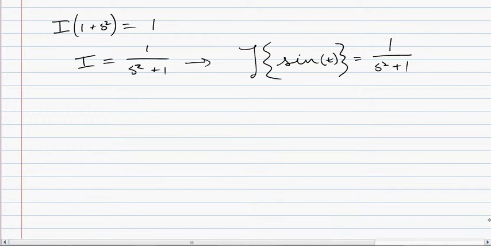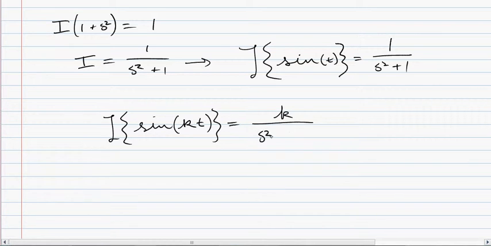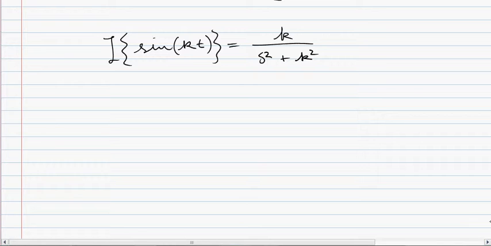And using a similar method to that, we can also just generally say that the Laplace transform of sine of kt, where k is some constant, is equal to k over s squared plus k squared. So using the definition, you could find all of your Laplace transforms this way for every problem that you had to do, and there's nothing wrong with that.